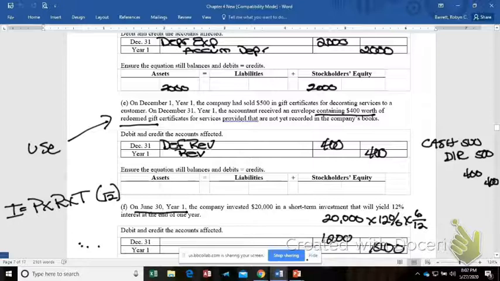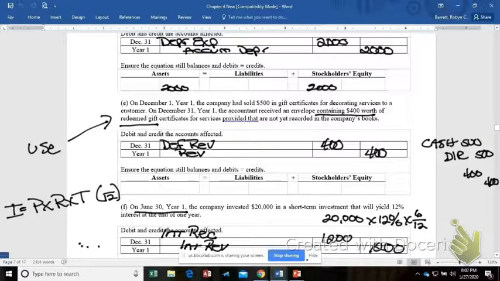They owe us money. Interest receivable and interest revenue. It's either going to be interest expense or interest revenue. Interest expense is when we incurred it because of a payable that we owe, and interest revenue is when we earned it.